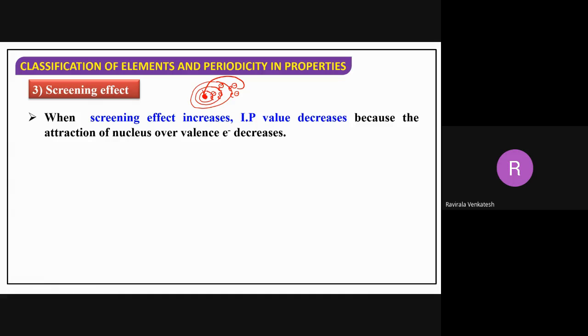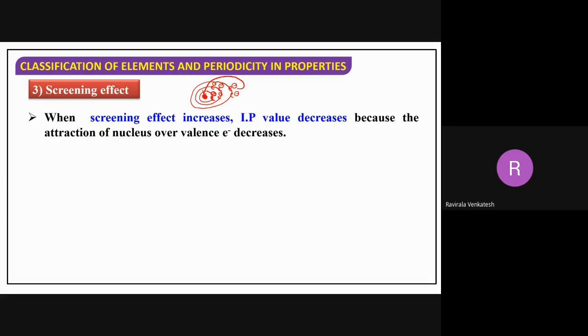Even though the nucleus is there, because of the inner electrons, it is unable to attract the outermost electrons. What is the reason? Because the inner electrons are shielding or screening the outermost electrons. Just imagine some screen is there.